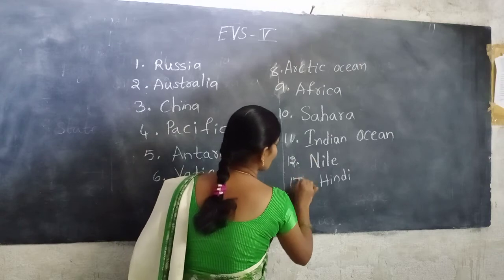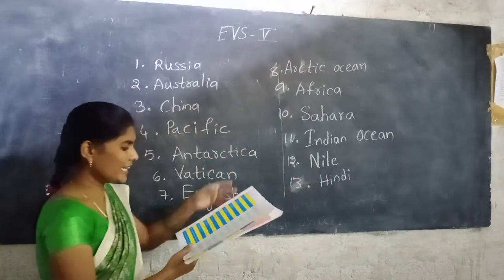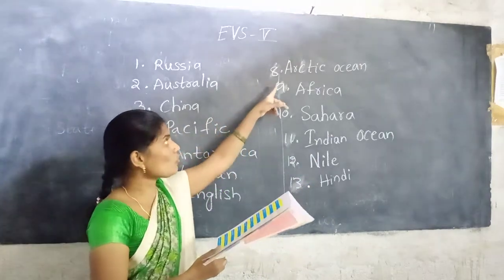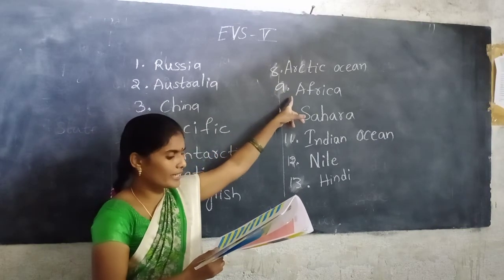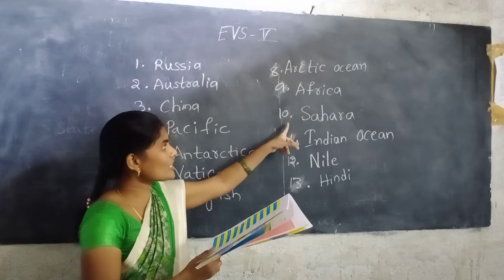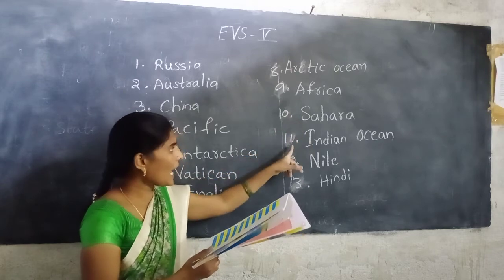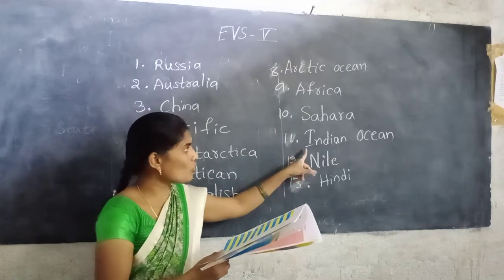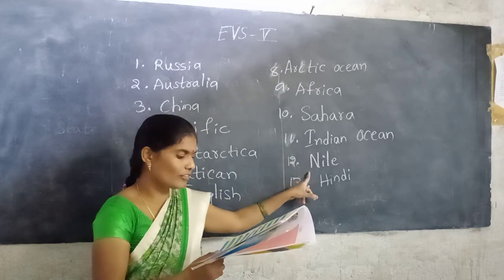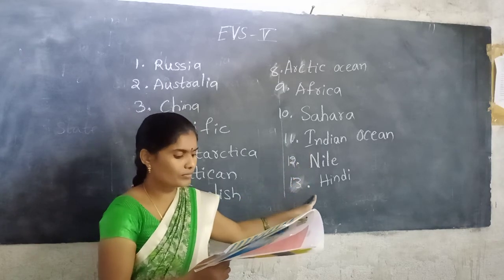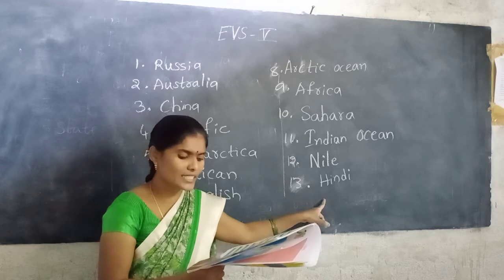Here Pacific Ocean is missed, sorry. The smallest ocean, Arctic Ocean. And the dark continent is Africa. Largest desert is Sahara. And 11th one, the warmest ocean is Indian Ocean. And the longest river is Nile River. The most widely spoken language in India is Hindi.